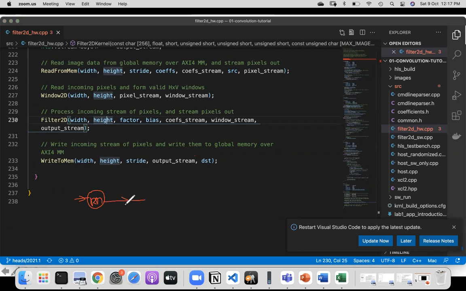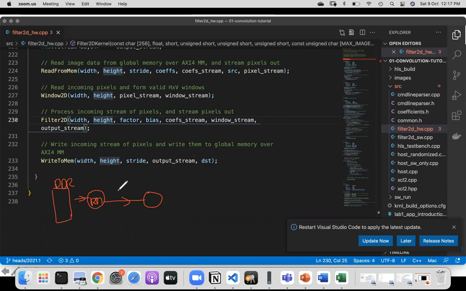And this read from memory stage reads data. This is your DDR memory. This memory is not on the host. This is on the FPGA. Okay, it reads it from memory.